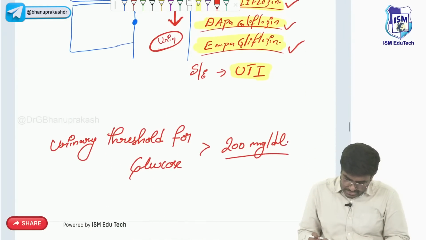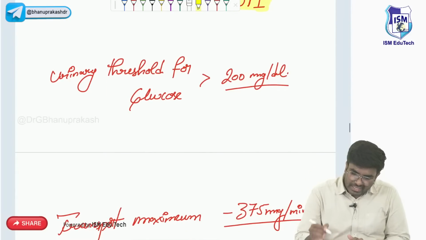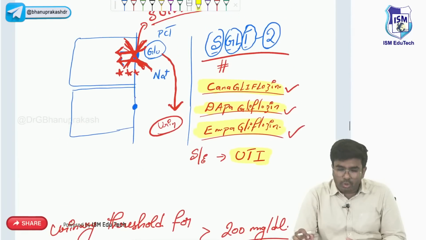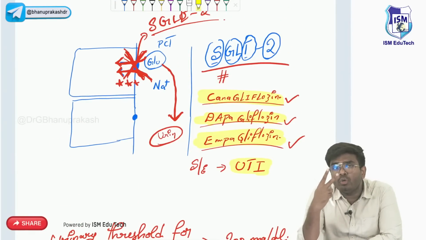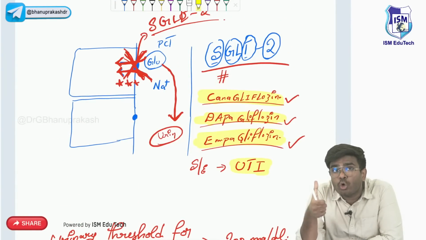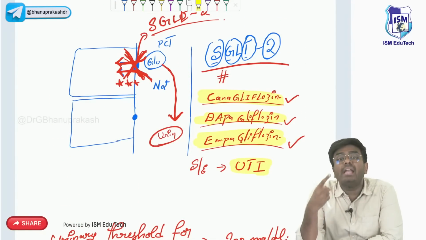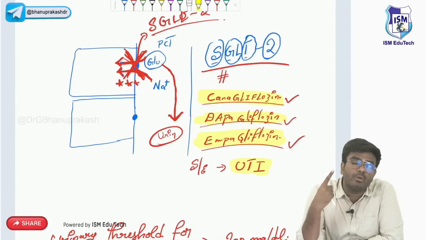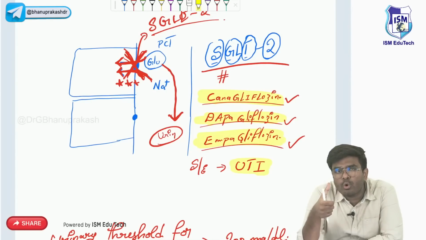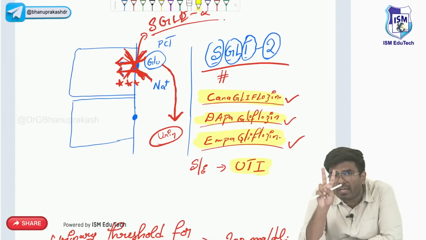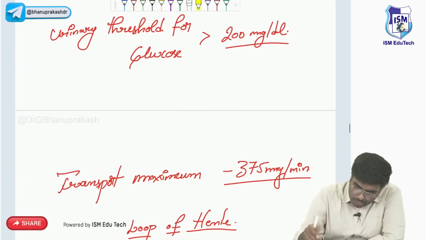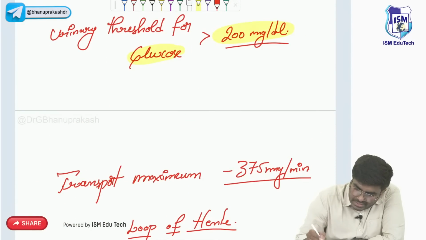Okay, SGLT2 channels. Now after this, direct single line questions which I want you to know: there are two terms called urinary threshold for glucose and transport maximum for glucose. Two values you need to know before going to the exam. The urinary threshold for the glucose is how much? 200 milligrams per deciliter in the plasma is the value, very important.